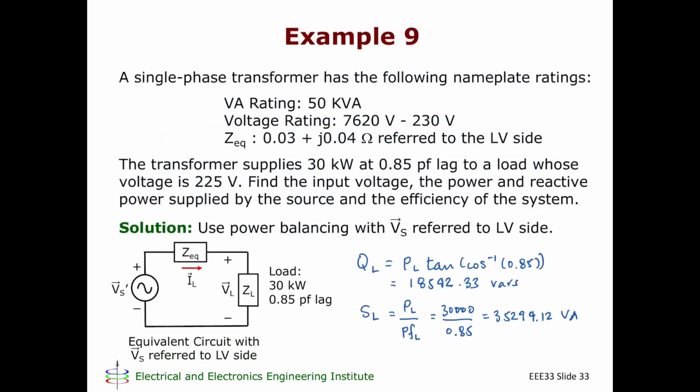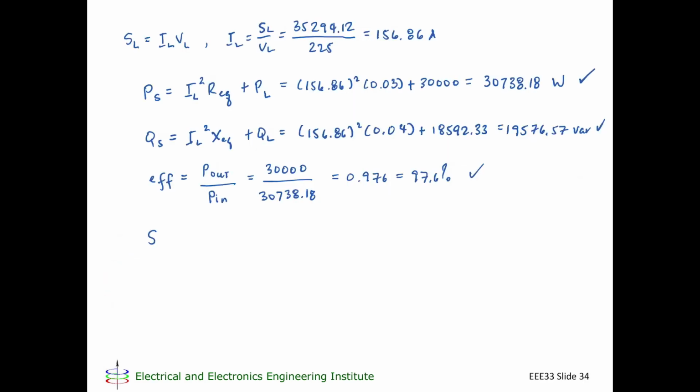Okay, so we have one thing remaining to determine, and that is the input voltage. How do I get the input voltage? I can get it because I can now compute the apparent power that is delivered by the source. I know the power delivered by the source, and I know the reactive power delivered by the source, so I can get the apparent power. S_S, again, this is apparent power, not complex power.